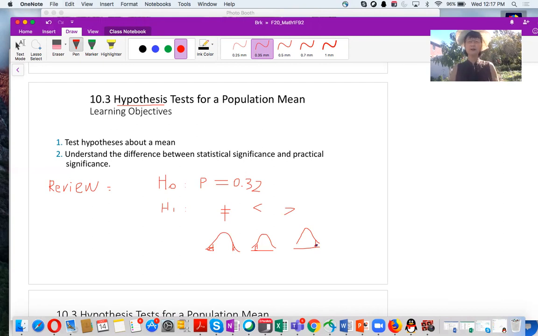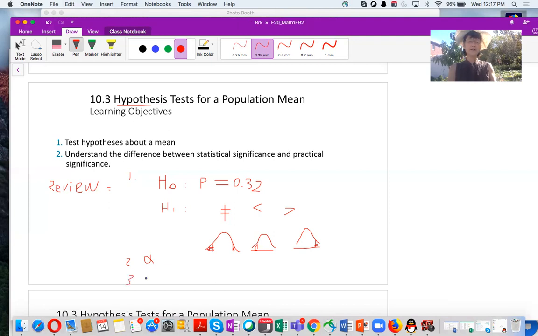In terms of the method for testing a claim, usually we have two methods. One, classical approach. You have 5 steps. Step 1, list the null and alternative hypothesis. Step 2, you specify alpha. Alpha has popular choices of 0.05, 0.01, and 0.1.